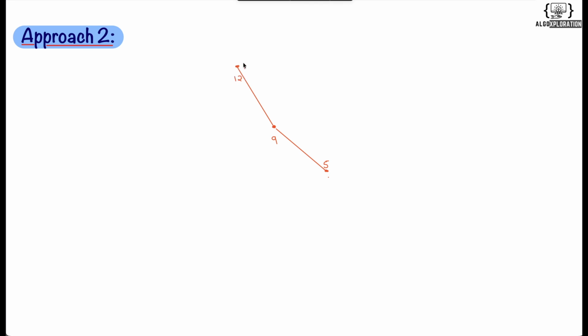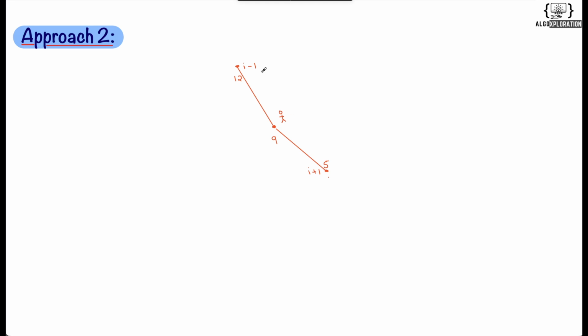This is i minus 1, this is i plus 1. Now if you are standing over here, and we decided that the peak value is present on the left hand side, we have just decided. So let's see whether our decision is right or wrong.